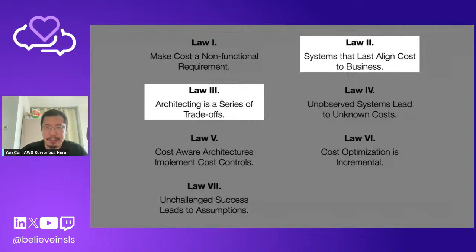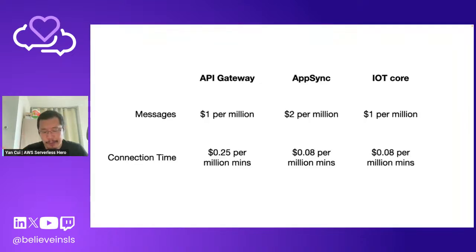If you think about the different solutions that we talked about earlier on AWS, AppSync, API Gateway, and IoT Core, they all charge you based on the number of messages you're sending over the connection, but they're also charging you for the connection time.